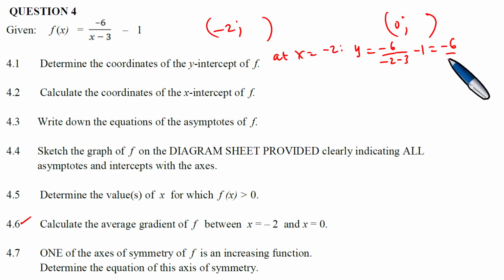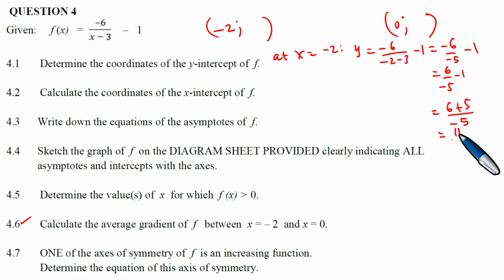This is -6 over -5, -1. 6 over -5, -1. This is 6 plus 5 over -5, like this. And this is exactly 11 over -5. So you're getting -11 over 5, like that.